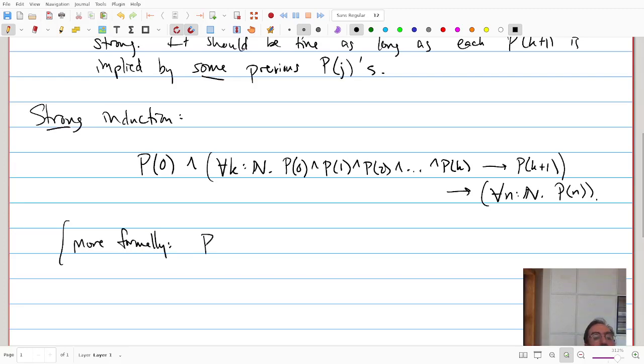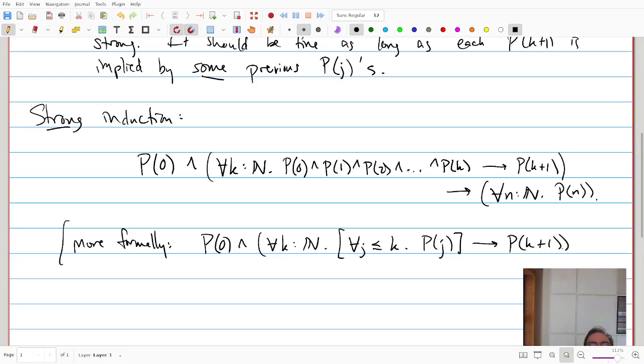We would say something like, if p0 is true and for all k, for all j less than or equal to k, p_j is true, so that implies p_{k+1}.